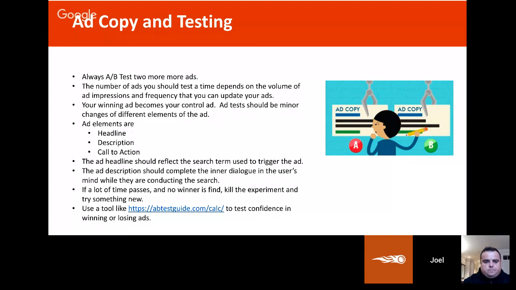How do you know when you have statistical confidence that you have a winner? There are tools available like abtestingguy.com, the calculator which has a link that I put up here, where you could basically put in the results from two different ads, and it'll tell you whether you have confidence that you have a winner or not. What do I mean when I talk about confidence in a winner or a loser? What I mean is this. Let's say you have two ads.